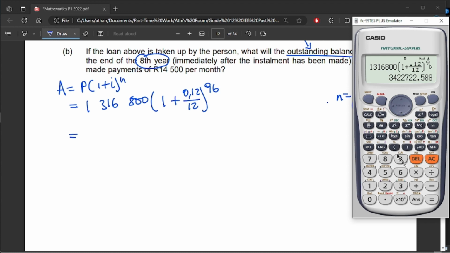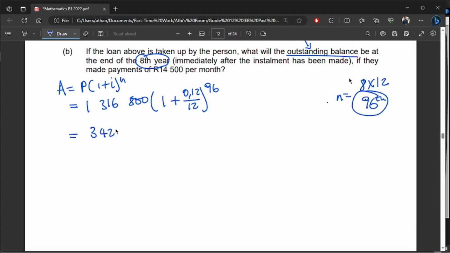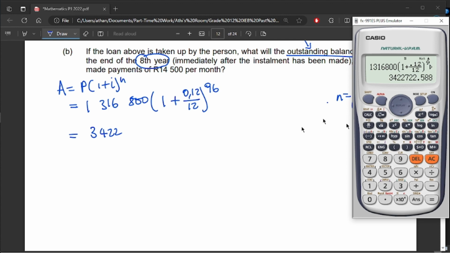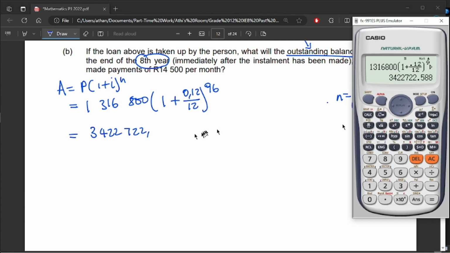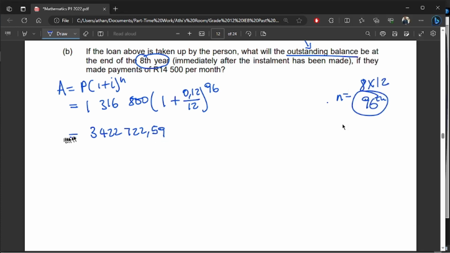Whoa, this is a big number. It's 3,422,722.59. So this is the outstanding balance. Okay, no, sorry, not the outstanding, but it's our value of A, because this will be the accumulated amount.